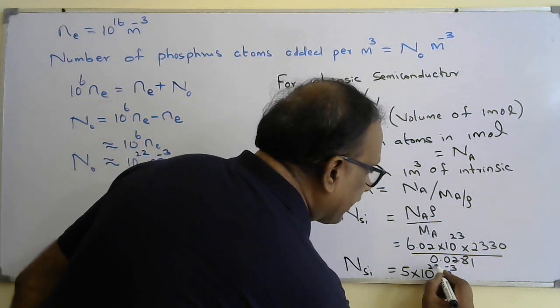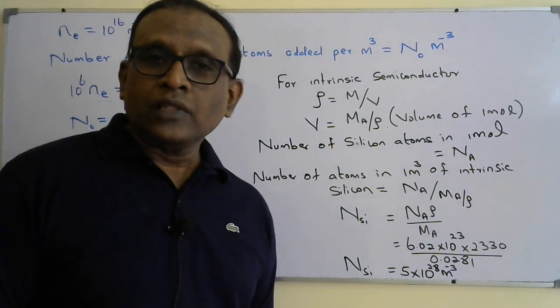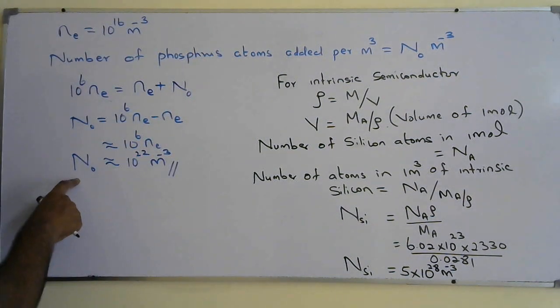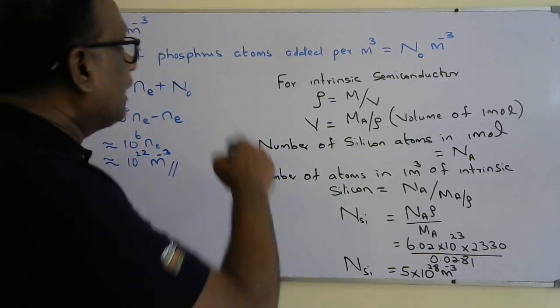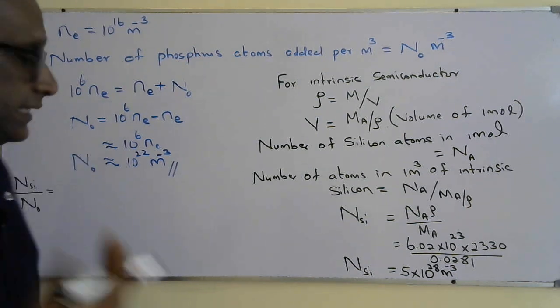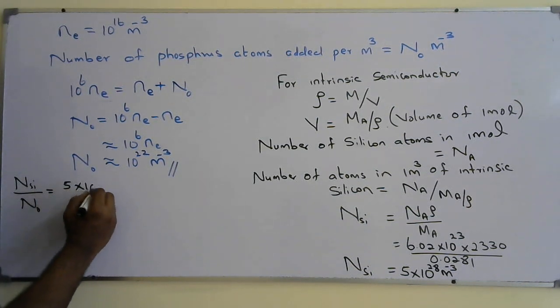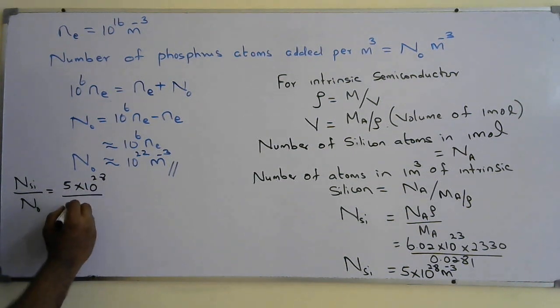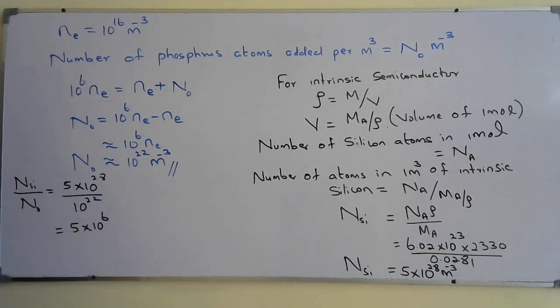Now I can find the ratio between the number of silicon atoms per meter cube to the number of phosphorus atoms per meter cube. So NSI over N naught, where N naught is the number of phosphorus atoms per meter cube to have 10 to the power 22 conduction electrons. That will be 5 into 10 to the power 28 divided by 10 to the power 22, so it's going to be 5 into 10 to the power 6.